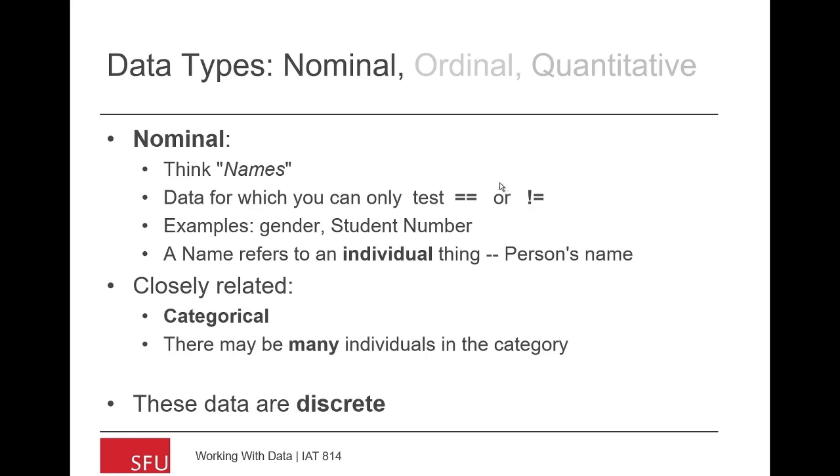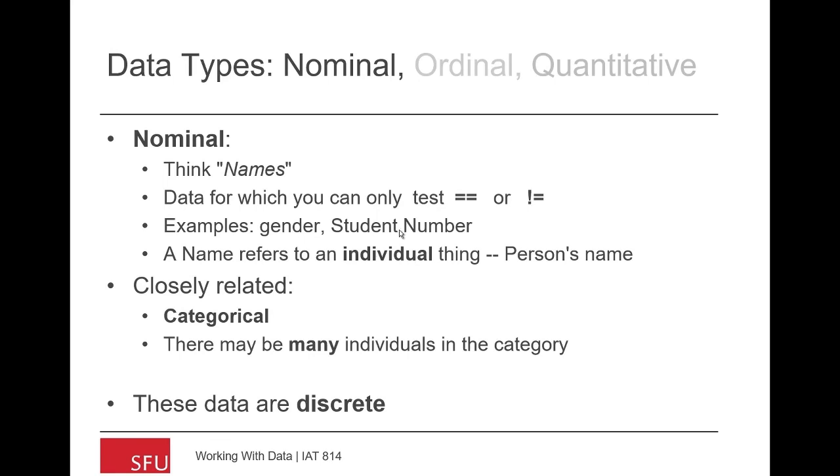You can only test for equality or inequality. Is it the same name or a different name? Is it the same address string or a different address string? Examples of that are, say, gender. Is it male or female or third gender or whatever you might choose?